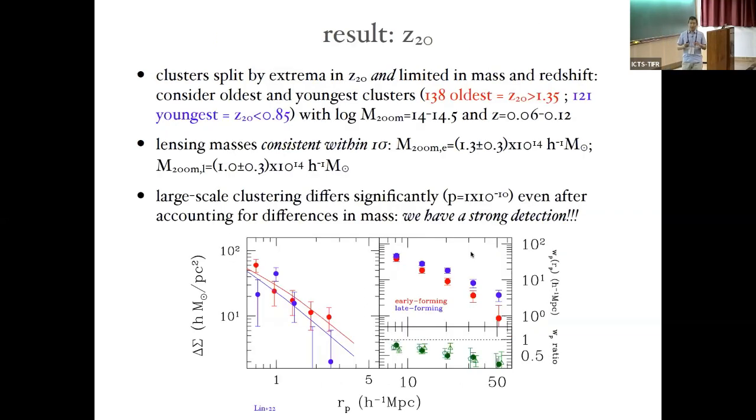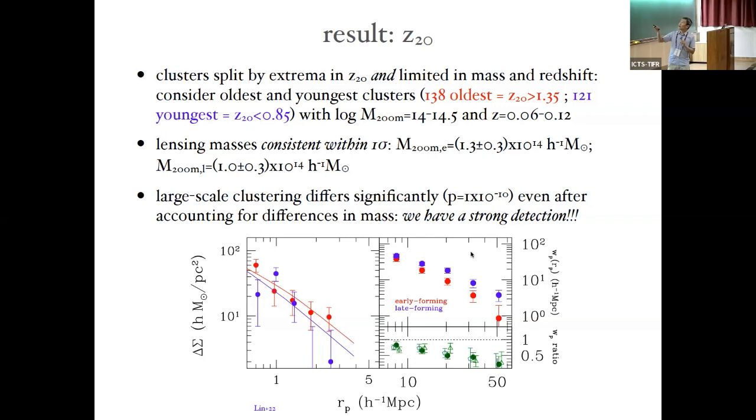So to see if we can detect the signal even more strongly, we use an age indicator Z20 and consider the extrema in Z20 and only use the clusters in a limited range in mass and redshift.